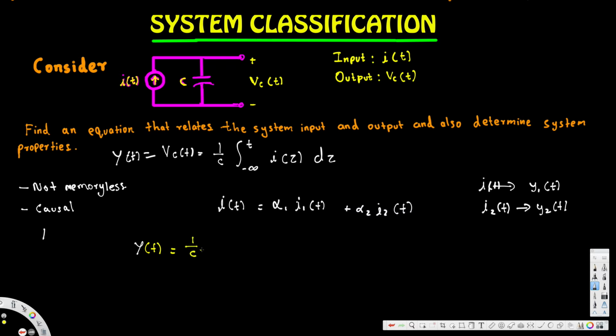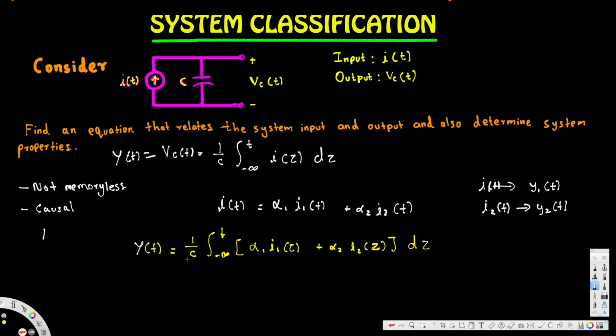So this is going to be 1 over c, integral from negative infinity to t, of alpha 1 I1 of tau plus alpha 2 I2 of tau, and we integrate with respect to tau.